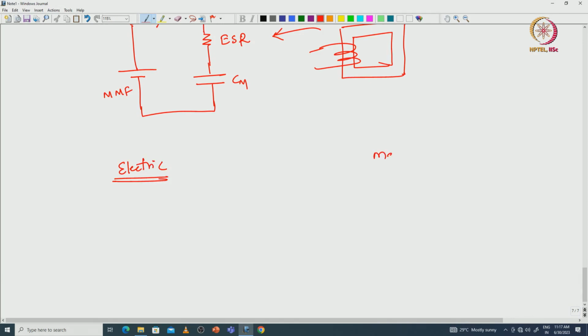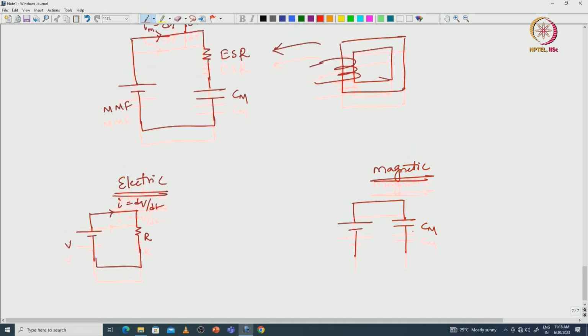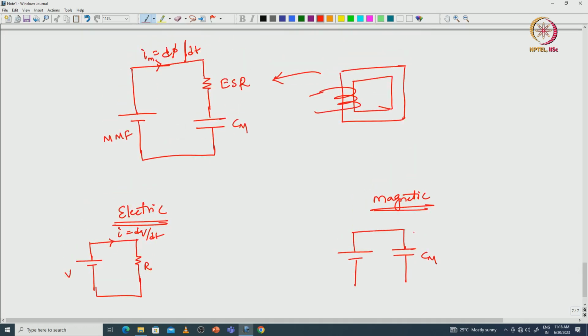Electric, this side magnetic. So, let us consider the simple circuit with a resistor. Flow variable is I equals dq by dt, with voltage V and resistance R. On the magnetic circuit side we have magnetic capacitance Cm.